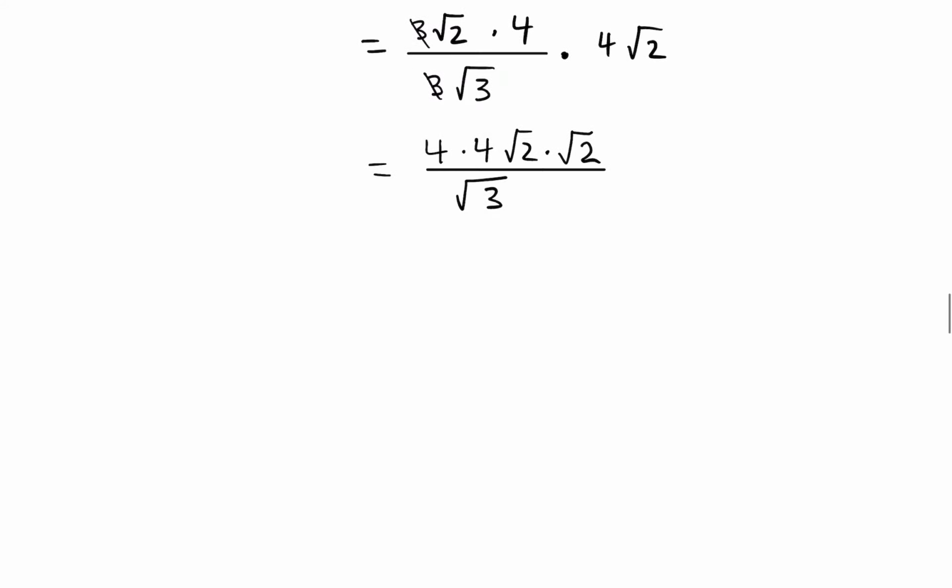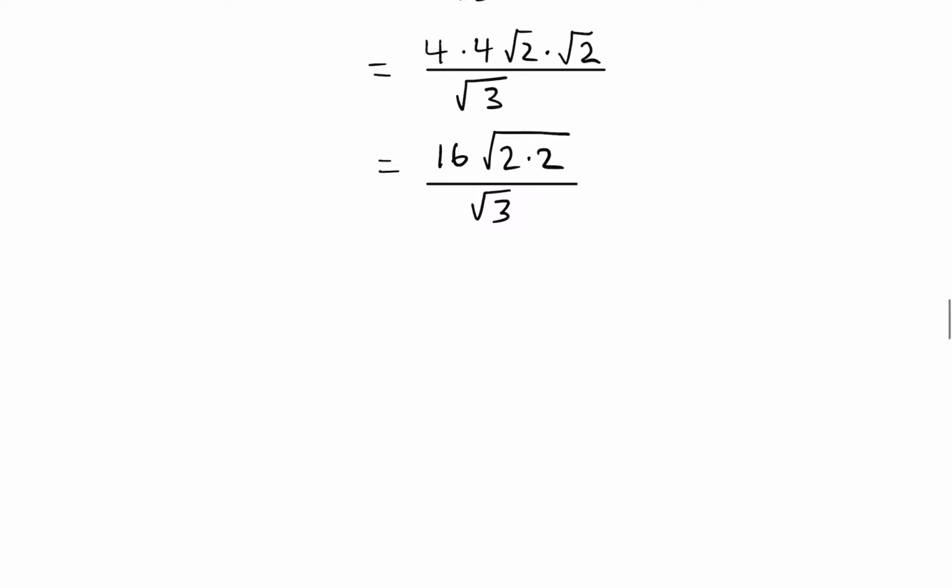All right, so now we can go ahead and rewrite this as 16, right? 4 times 4 is 16, and we have a square root of 2 and another square root of 2, so we can combine those to be square root of 2 times 2. Okay, and that's all over square root of 3.